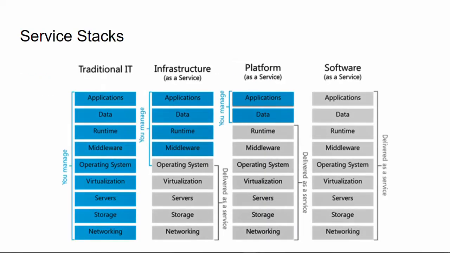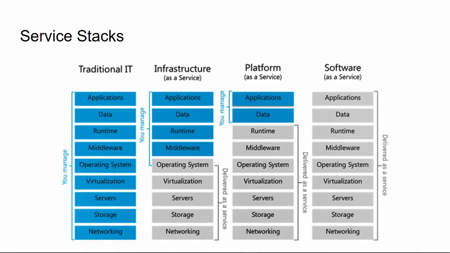In order to understand that, let's start with understanding what is indeed offered by traditional IT. To the very left, this stack of all blue rectangles, from the bottom up, starts with networking, storage, servers, virtualization, operating system, middleware, runtime, data, and application.